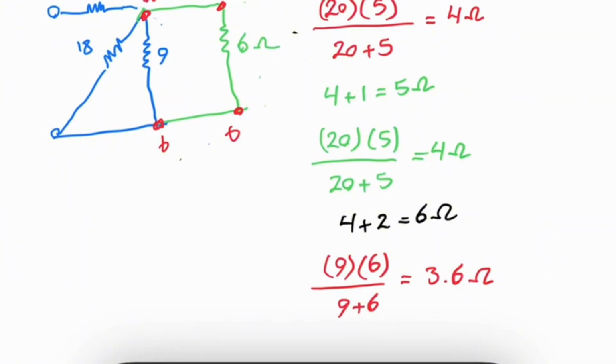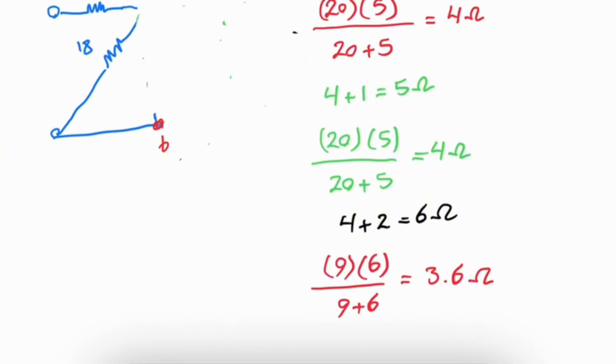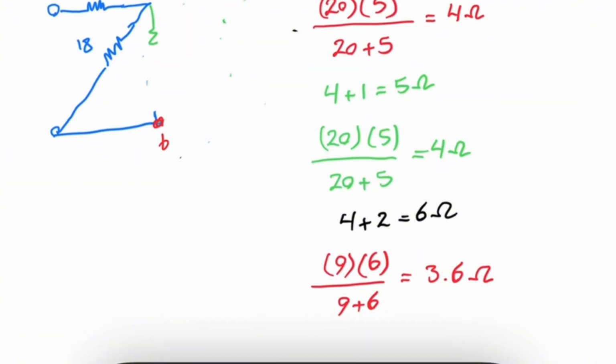Okay, therefore again I can replace these two resistors by an equivalent resistor that is 3.6 ohm.